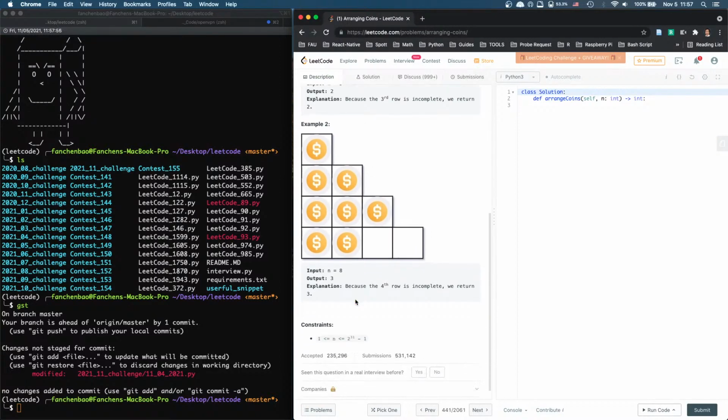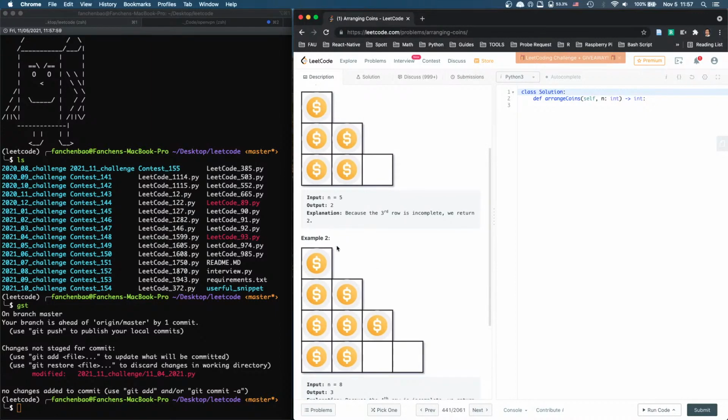So basically the question is, given n, we need to do 1 plus 2 plus 3. So maybe there's a math solution to this. So we say 1 plus 2 plus so on, the answer, let's call it x.